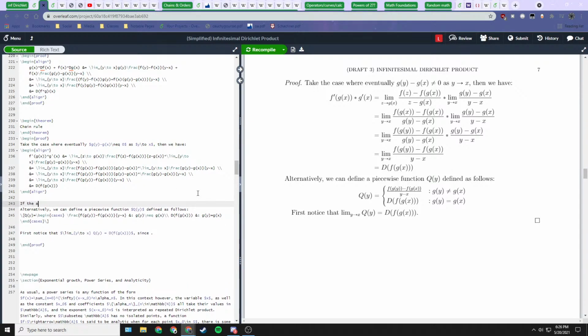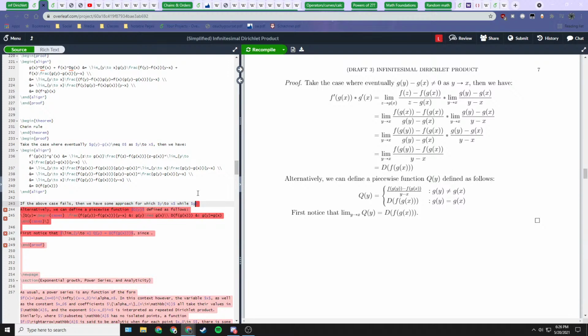If the above case fails, then we have some approach for which y goes to x while g of y minus g of x equals 0.